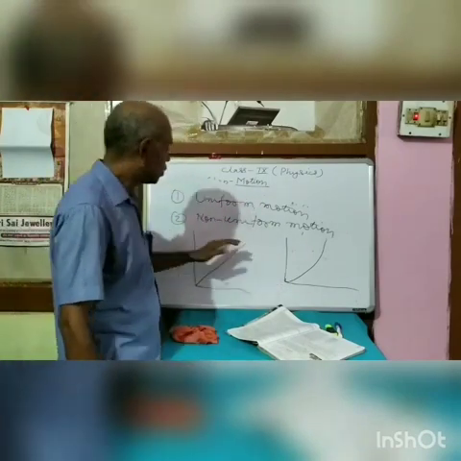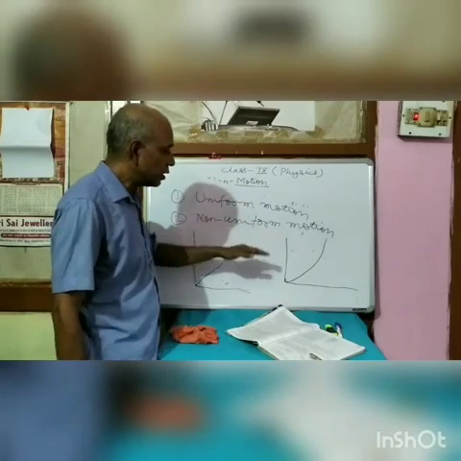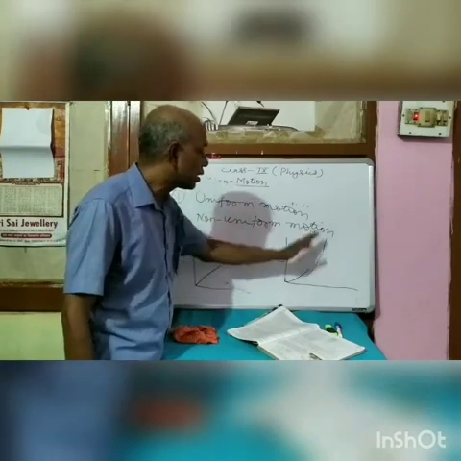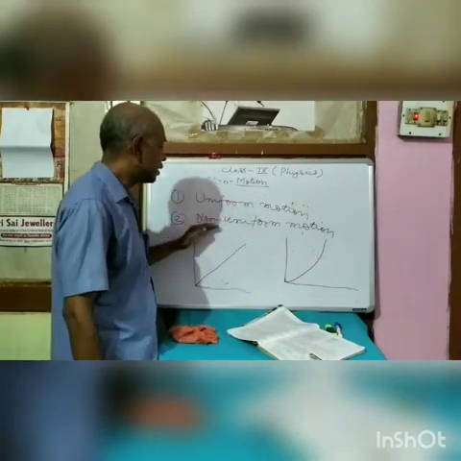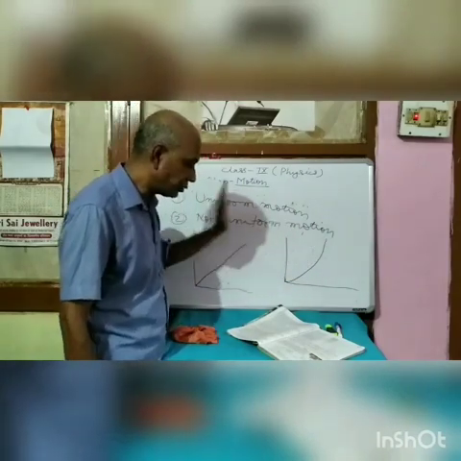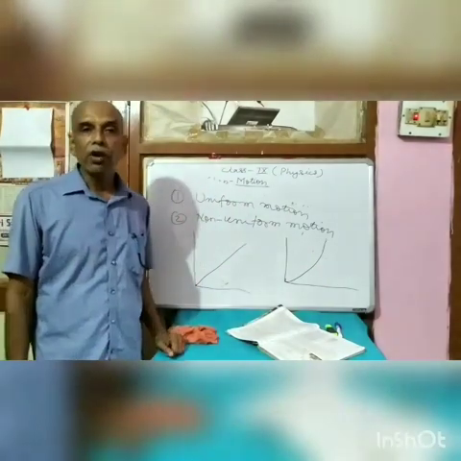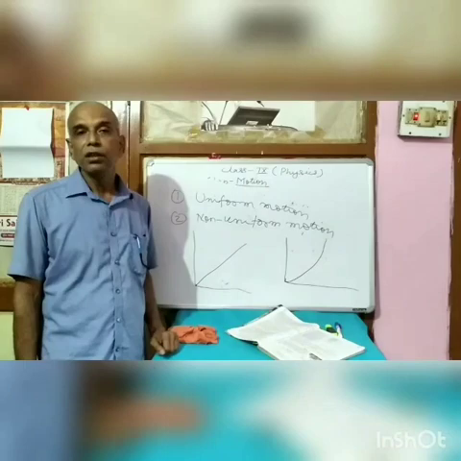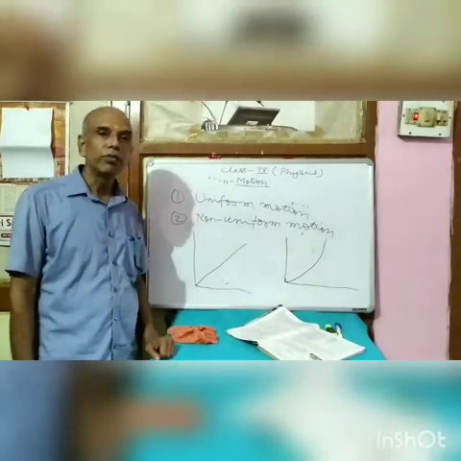And when we draw a graph for non-uniform motion, we get a curved line. This curved line represents the non-uniform motion of an object. Free fall of an object towards the earth is also an example of non-uniform motion.